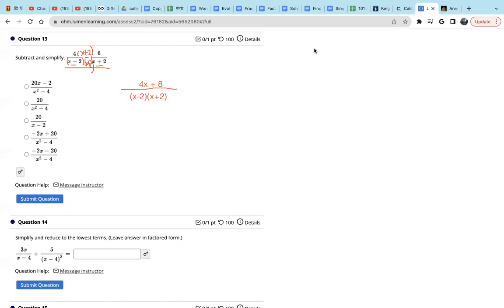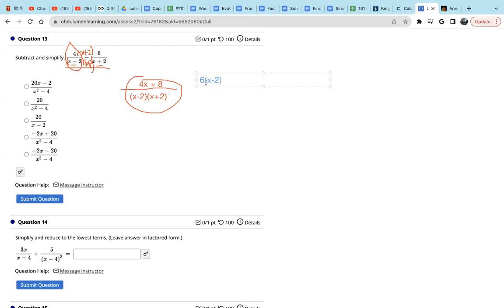So our first term, 4 divided by x minus 2, now becomes this. Similarly, we do the second one. The second one we have 6. We have to multiply by x minus 2 divided by x minus 2.